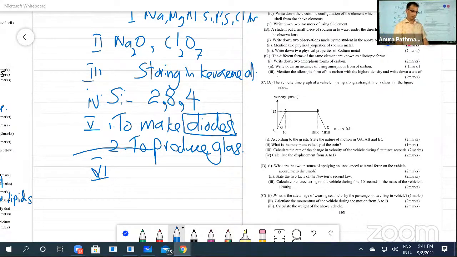Silicon is used for the silica, we call that the gum even. Silica, silicon is used for the glass industry.